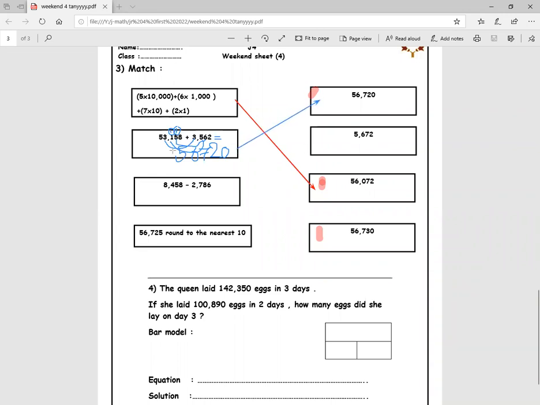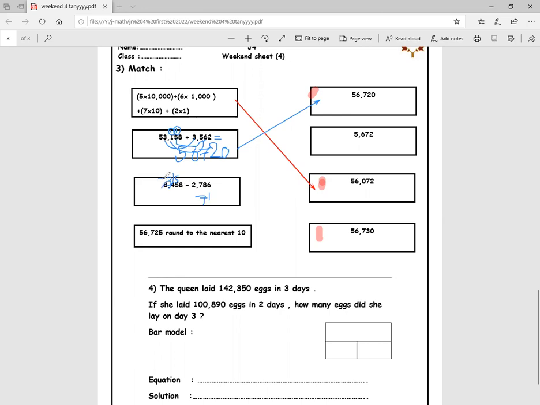Okay, let's check the next one. It's subtracting, okay? 8,458 minus 2,760. 8 minus 0, 8. 5 minus 6 can't be. This would be 3. This would be 15. 15 minus 6 equal what? 9. 3 minus 7 can't be.